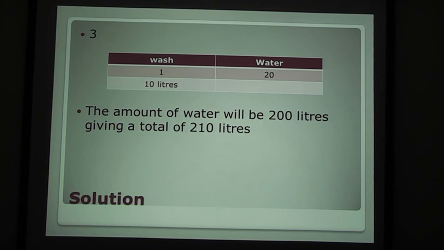So therefore, 20 turns into 200, giving you a total of 210 litres. So you worked out that if you multiplied by 10, you got 200, but the total amount is 210 litres. Again, remembering the units.